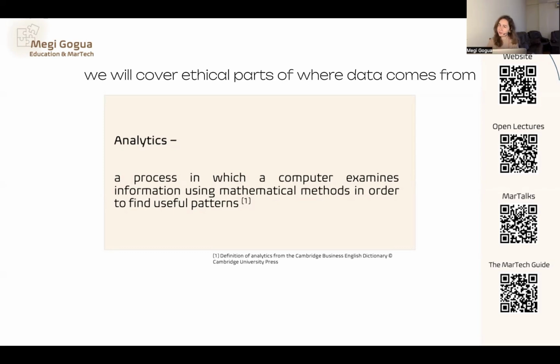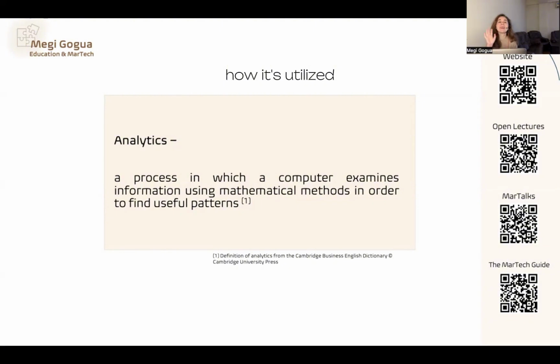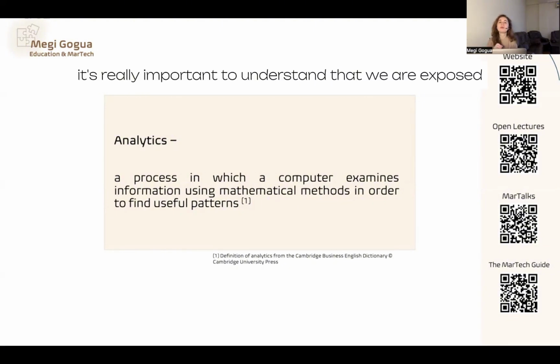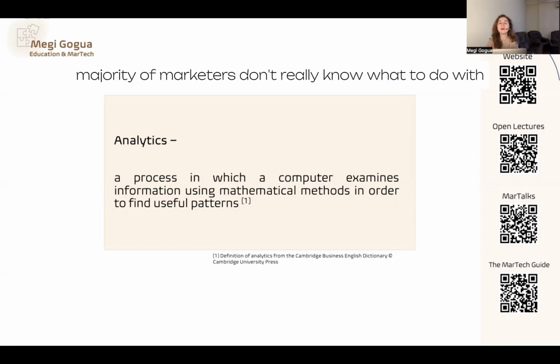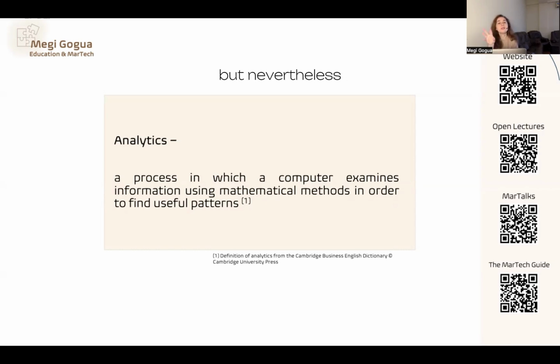We will cover ethical parts of where data comes from, how it's utilized, how you can control that in other videos. But for now, it's really important to understand that we are exposed to such a vast amount of data that the majority of marketers don't really know what to do with. But nevertheless, analytics, right? It is about the machines that use information and use mathematical methods, something that is pre-programmed or something that the system actually learns.